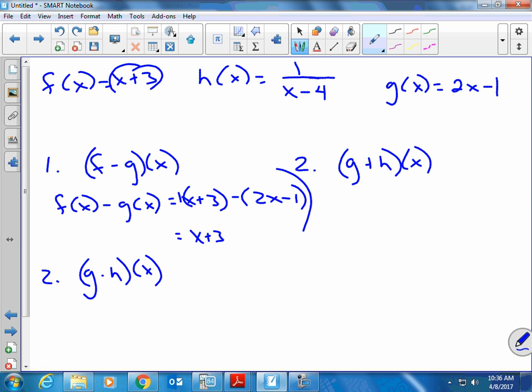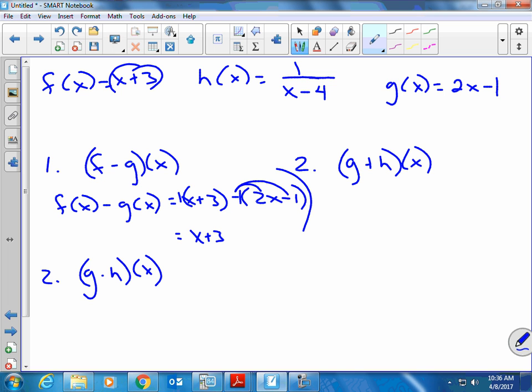Do I need the second set of parentheses? Most definitely. This negative sign really has a 1 sitting right there, and I need to distribute that negative 1 to both terms. When I distribute a negative 1, it definitely has an impact on your two terms.